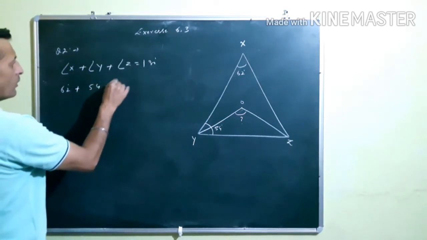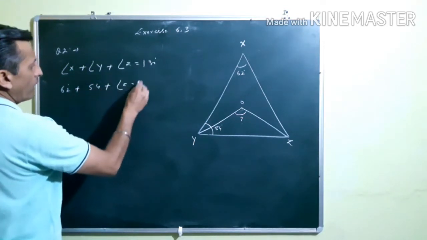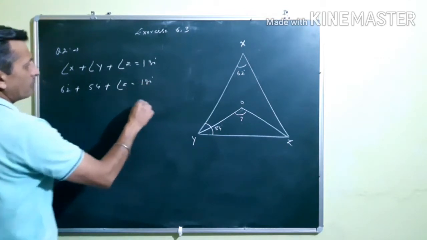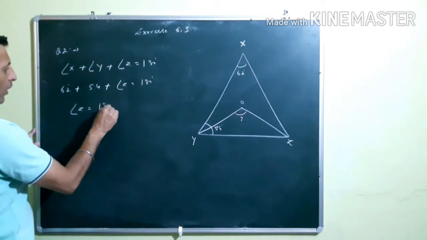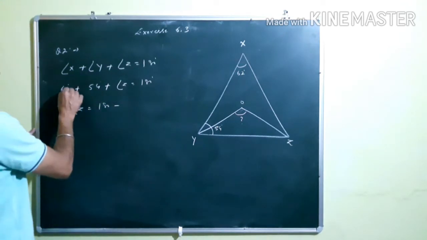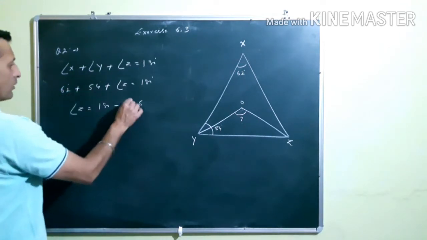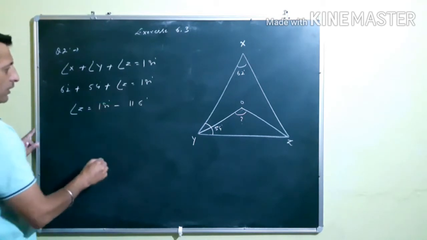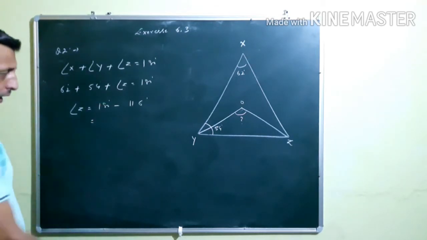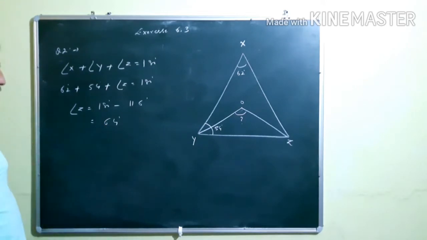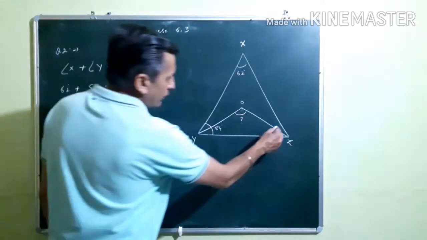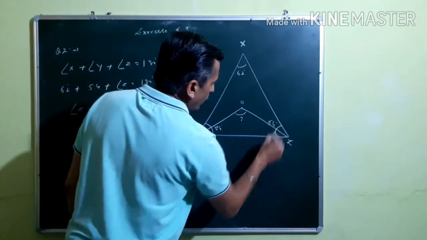So we have to find the value for angle Z, total sum is equal to 180 degree. So angle Z is equal to 180 degree minus of 62 plus 54, that is 116. So it's 180 degree minus 116 degree, and that is called your 64 degree. Done. So angle Z will be known. This is your 64 degree.